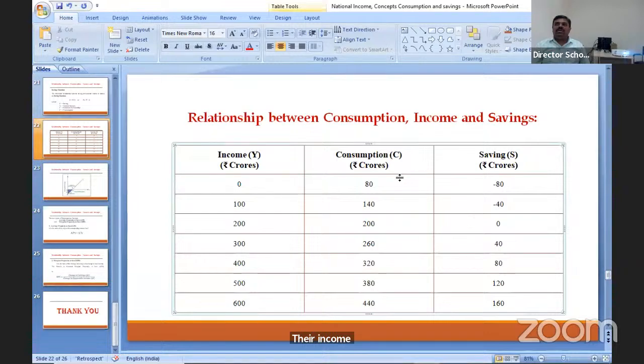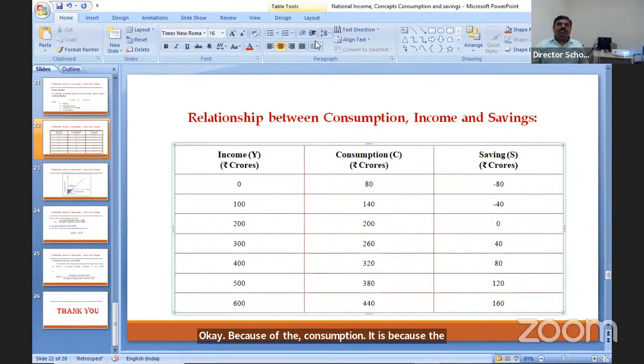Then according to the change in consumption, the savings also changed. Why are the savings minus 80 here? Due to which type of consumption? We discussed two types of consumption: autonomous consumption and induced consumption. Because of the autonomous consumption.